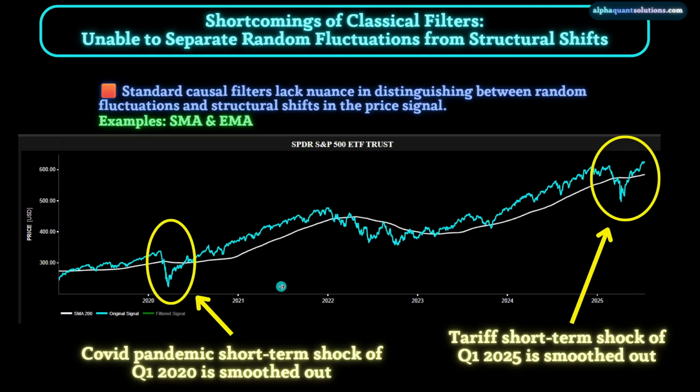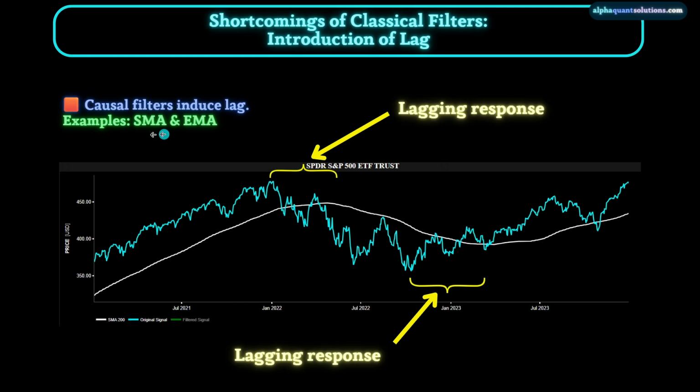The next liability of these two filters is the well-known introduction of a time lag. Here is again an example, and we show the S&P 500 in light blue, the SMA 200 in white, and you can see for the market top, there is a delay between the top of the filtered version versus the top of the raw price data.